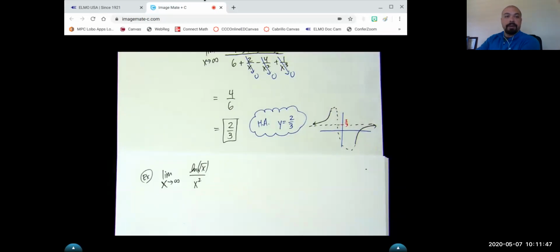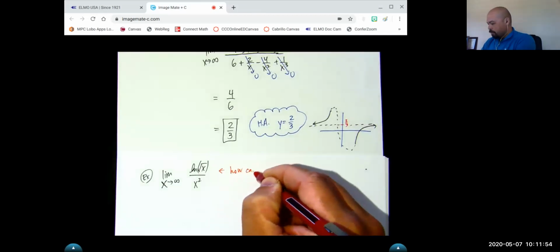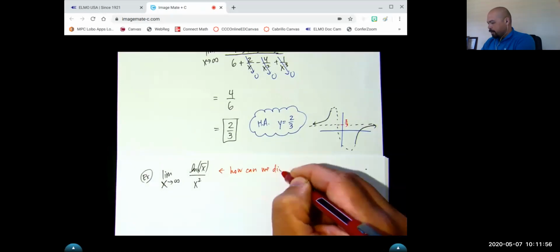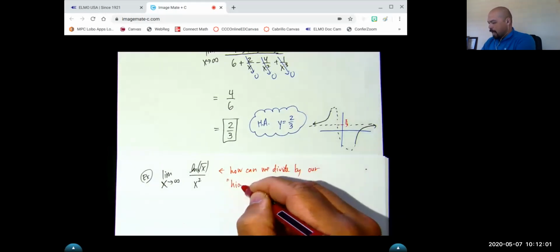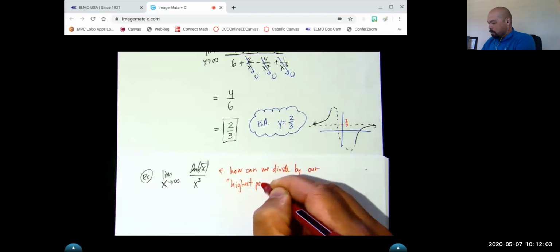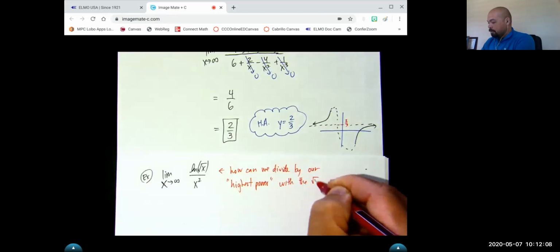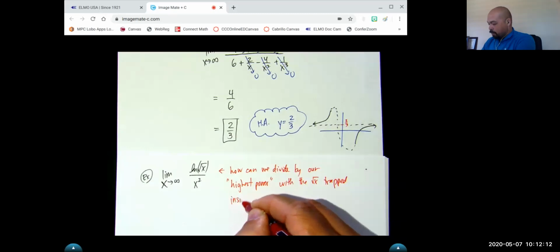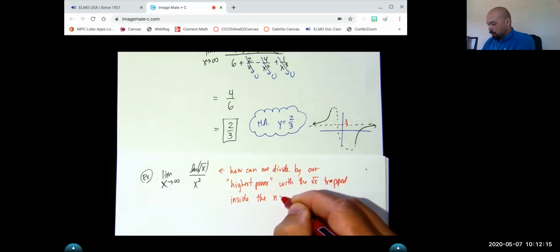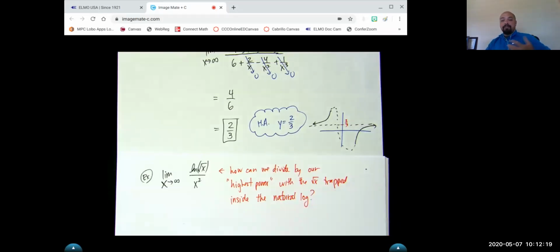But an added layer of difficulty is, how can we divide by our highest power with that root x trapped, locked inside the natural log? So adding that extra layer, that extra function.